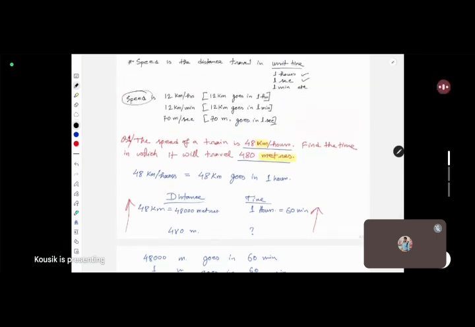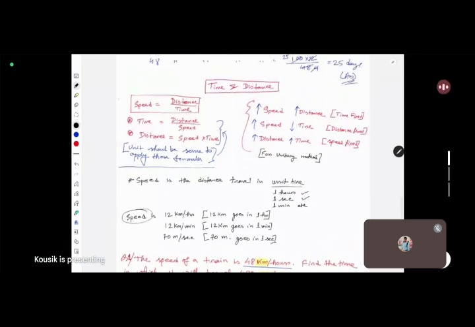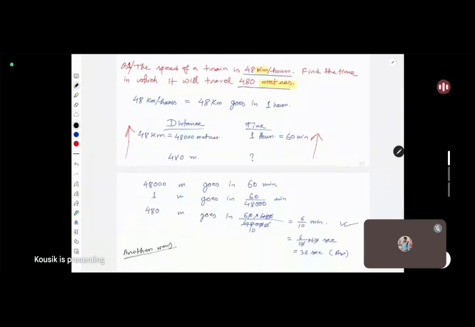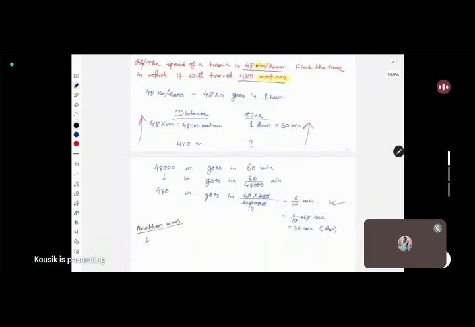দেখো we should follow this formula if the unit is same. Am I right? So we may convert to this unit, 480 meter is equal to 480 by 1000 kilometer. Am I right?